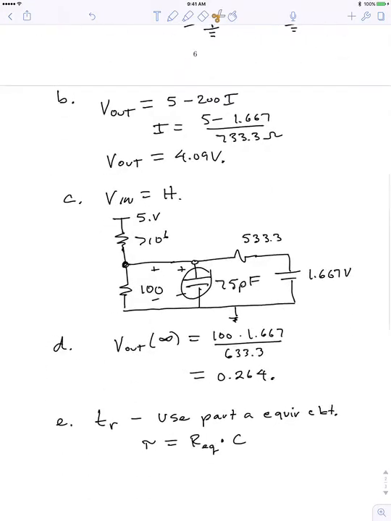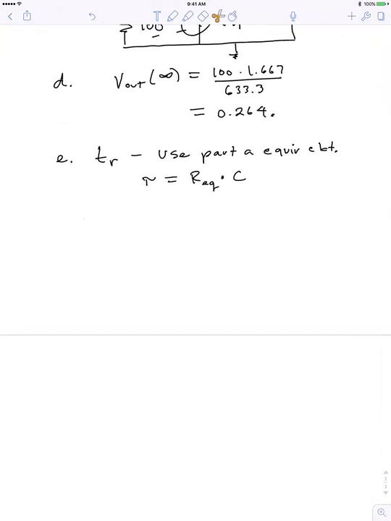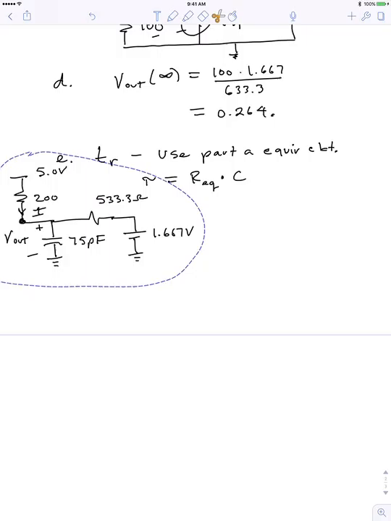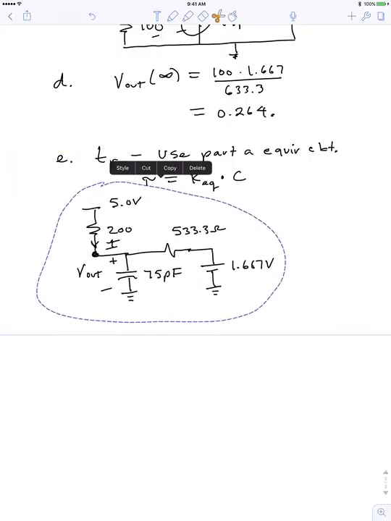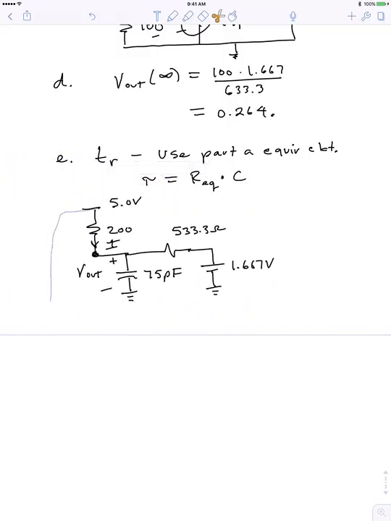So what we're talking about doing is shorting this voltage supply, opening the capacitor, and looking at the equivalent resistance seen by this terminal pair.